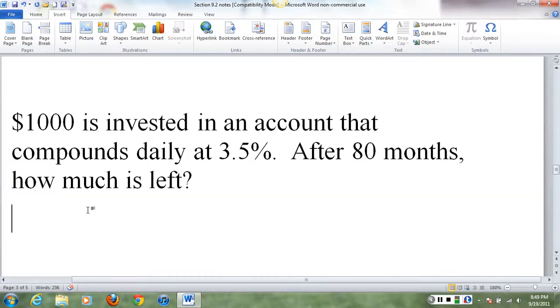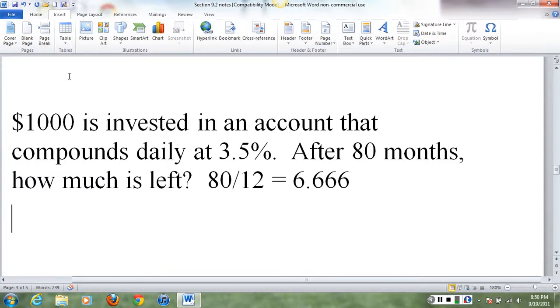Now it's daily, so our N is going to be 365. After 80 months, now the difference here is, the last ones I've been giving to you are in terms of years, so we need to figure this out in terms of years. So the first thing I'll do is figure out how many years are in 80 months. So divide my 80 by 12 to get approximately 6.666 repeating.